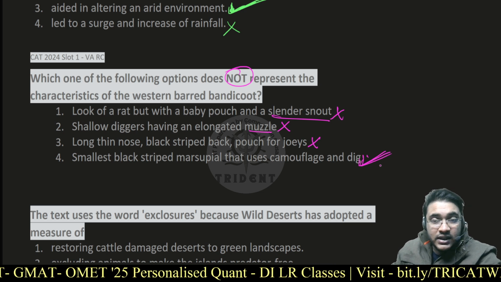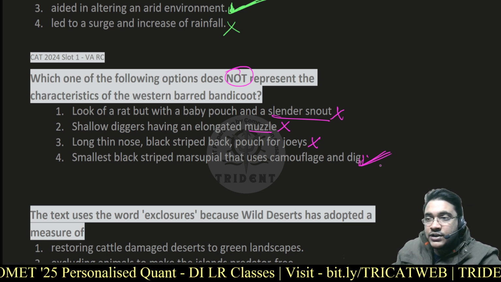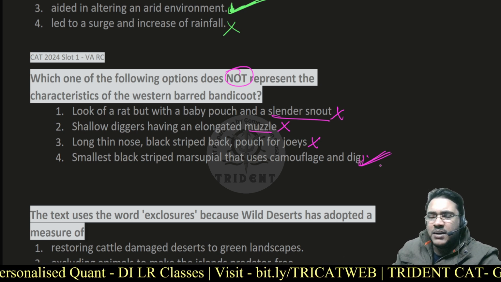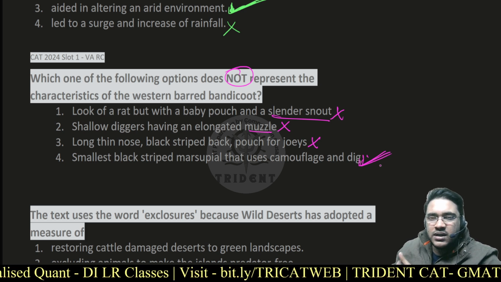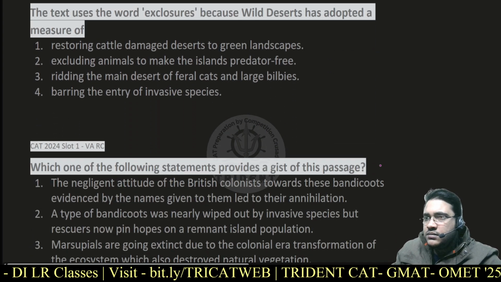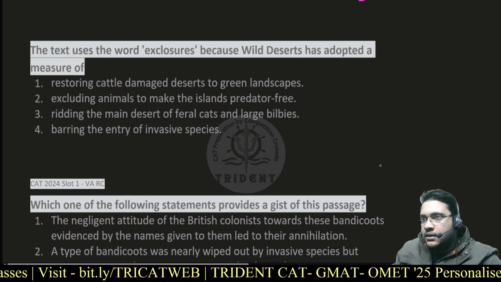They do dig, they do camouflaging, they do live in camouflaging shelters, but they're definitely not smallest black striped. Some of the bandicoots are zebra style, but not all of them. Or specifically speaking, that is not a characteristic.